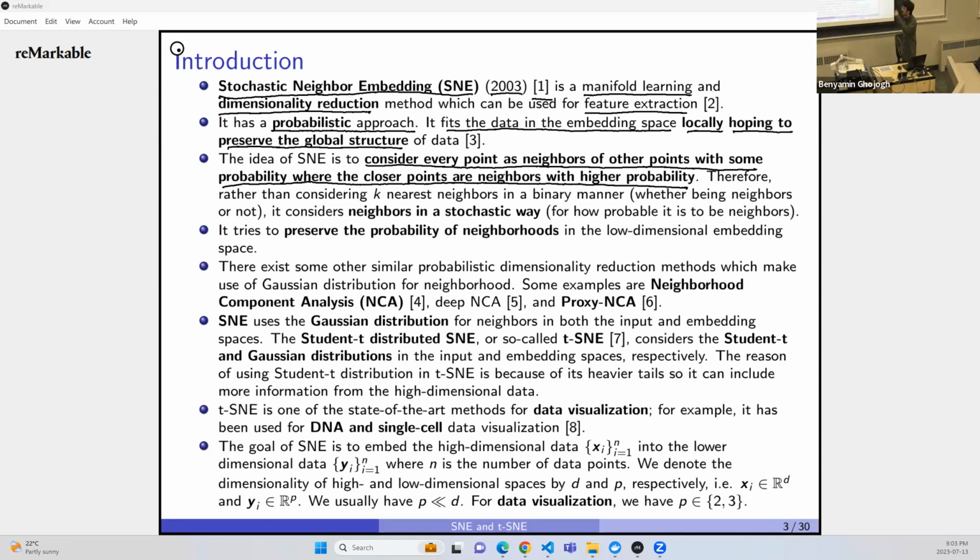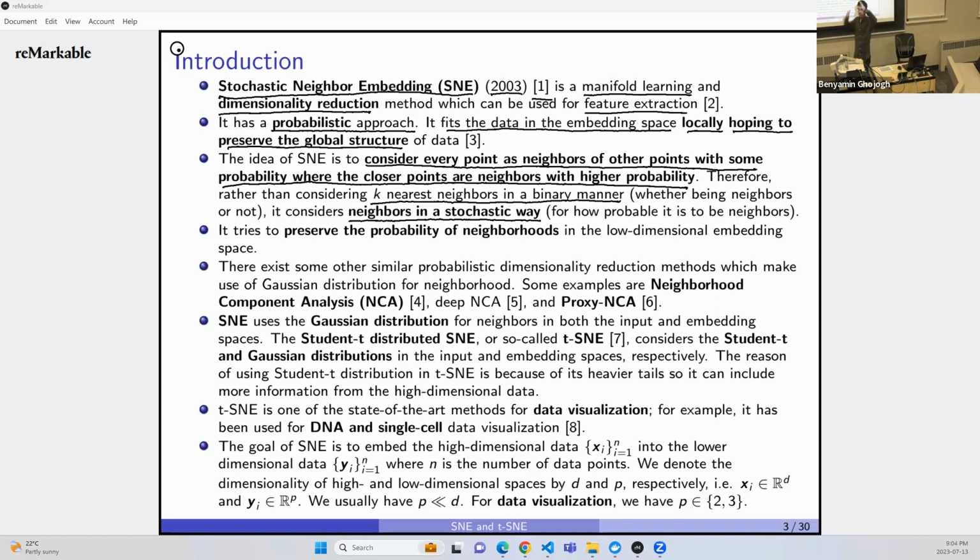So you can model being a neighbor as a probability density function, PDF. Therefore, rather than considering k-nearest neighbors in a binary manner, we consider neighbors in a stochastic way. We define probabilities of neighborhood, then find the embedded data points in the low dimensional space so that they have similar probability density functions of neighborhood.